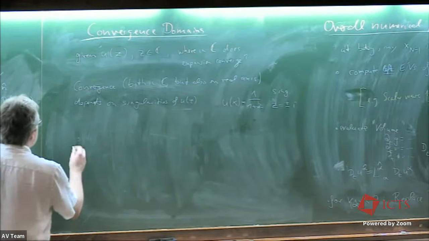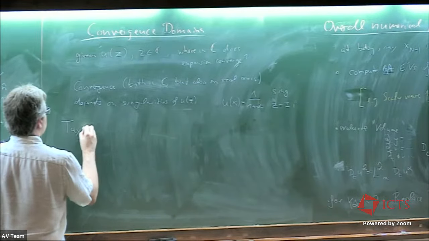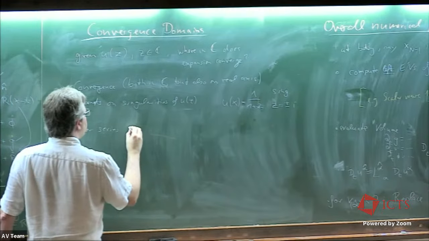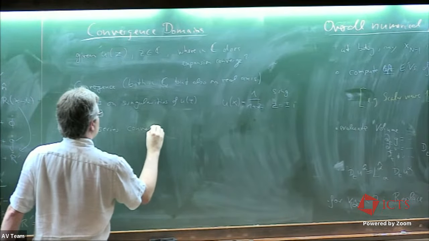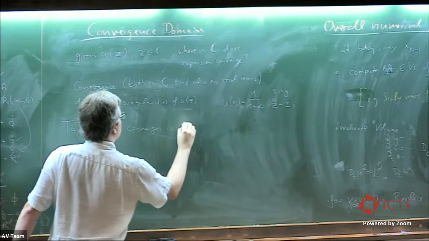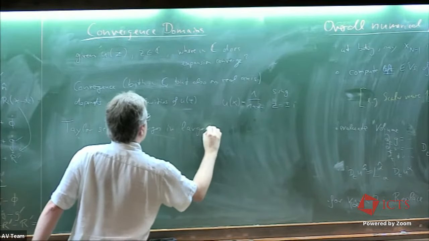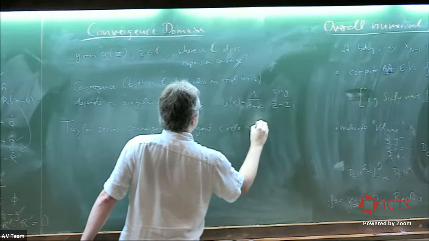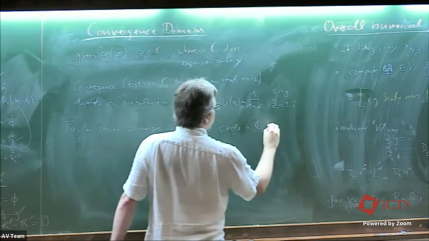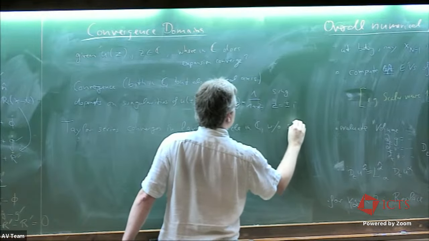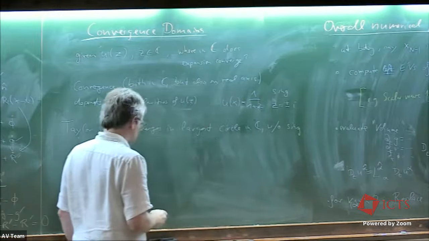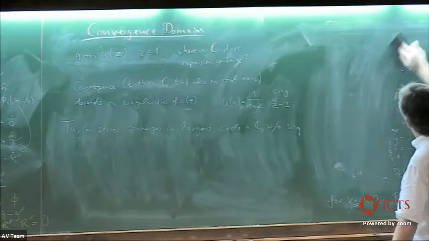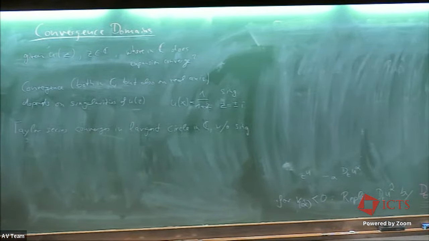And so a Taylor series converges in the largest circle in C without singularities. So let me put up the plot here on the right-hand side.